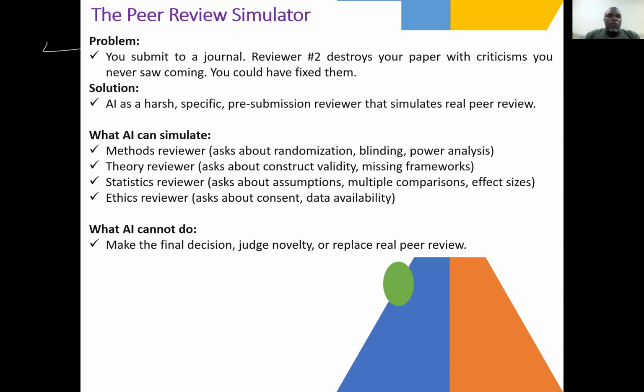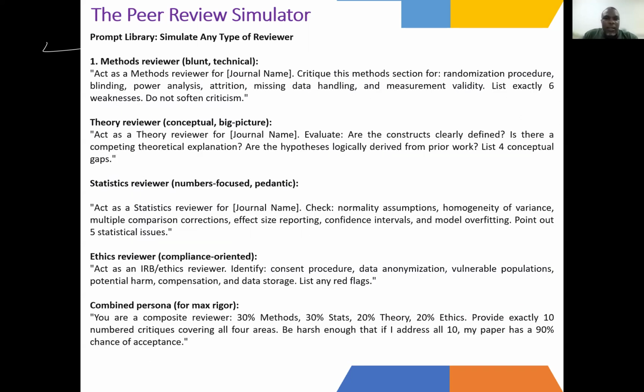Now, for the peer review simulator, I just use this prompt as an example. Like I said earlier, you become better as you keep typing from first principles what is in you, what you actually think you want to do. For example, if you want to review only your methods, you can tell DeepSeek to act as a method reviewer for that journal.